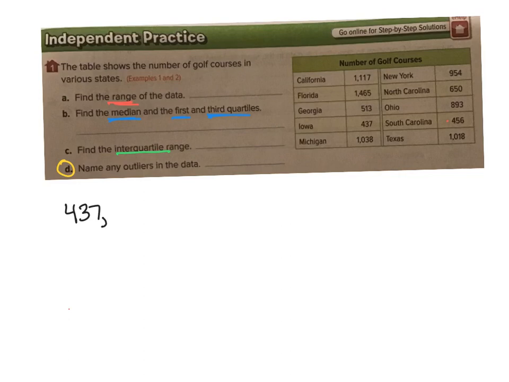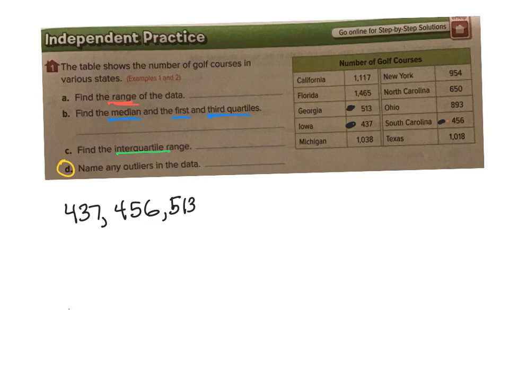437. That one's pretty small. Then a little bigger is 456. Okay. Now I'm going to look at 500s. There's only one 500, which is 513. Okay.